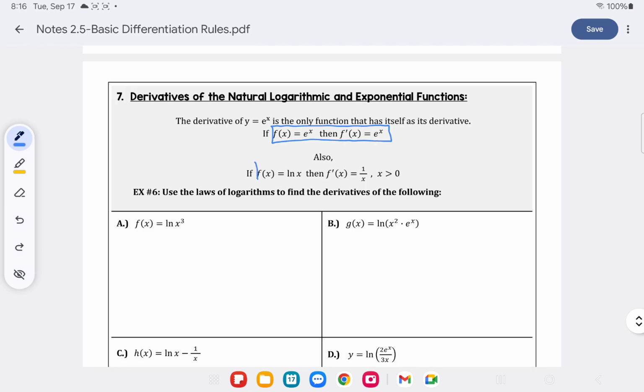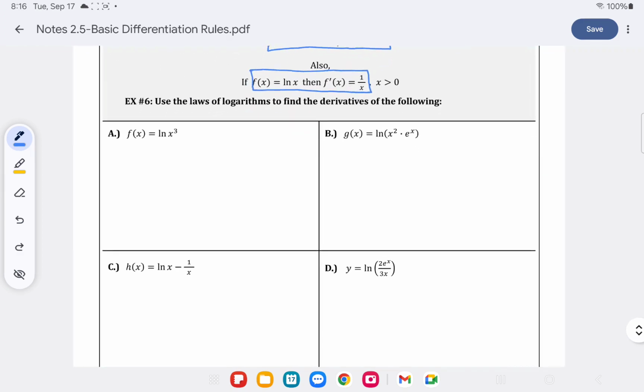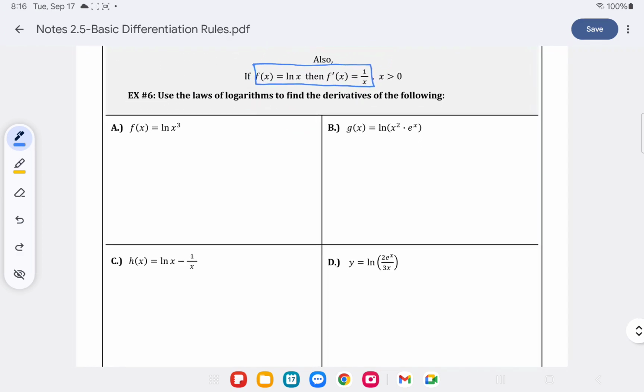Also, the derivative of ln of x is 1 over x. That's another thing that you're just going to need to memorize. To do derivatives with these log functions, one thing that you'll have to remember is those log properties that we do in Algebra 2. So one of the log properties, called the power rule, says that when there's an exponent, we can move that in front.